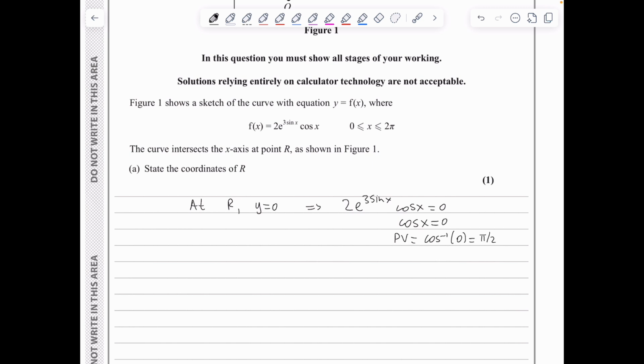And therefore, x is plus minus pi over 2 plus 2 pi k. This gives me the first two positive solutions to be pi over 2 and 3 pi over 2. And therefore, the point R will be the point corresponding to the second positive solution. So it will be having coordinates of 3 pi over 2, 0.